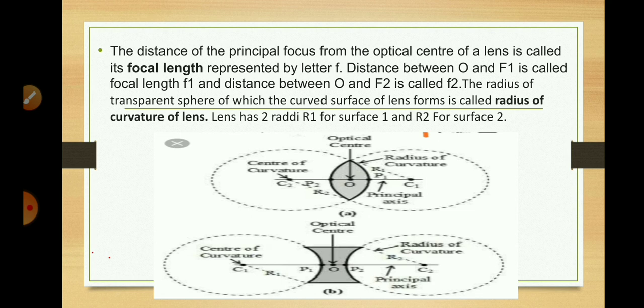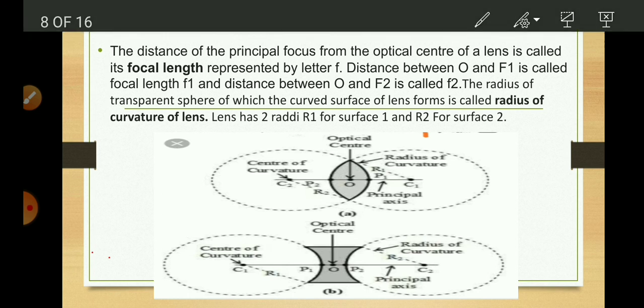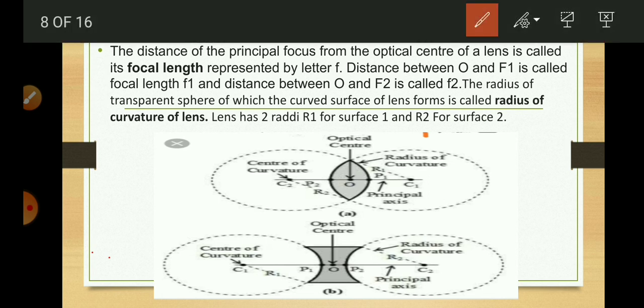Next is focal length. The distance of the principal focus from the optical center of the lens is called the focal length, represented by small letter f. So the distance between the principal focus and the optical center is called the focal length, and it is denoted by small letter f.